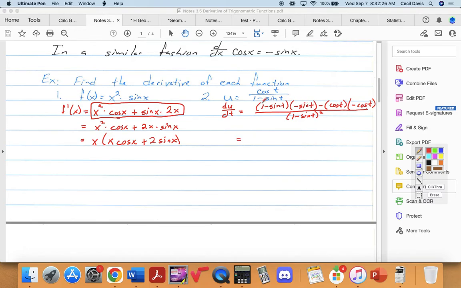So I'm going to have negative sine of t times 1 is negative sine of t. Negative sine of t times negative sine of t is positive sine squared of t. And negative cosine t times negative cosine t is positive cosine squared t. All over 1 minus sine of t, quantity squared.